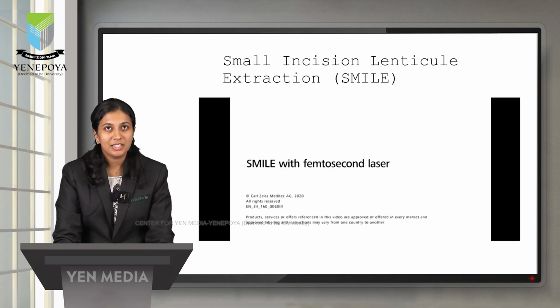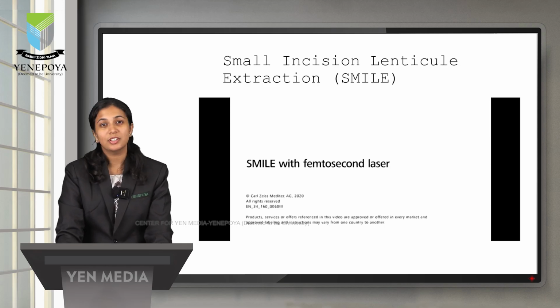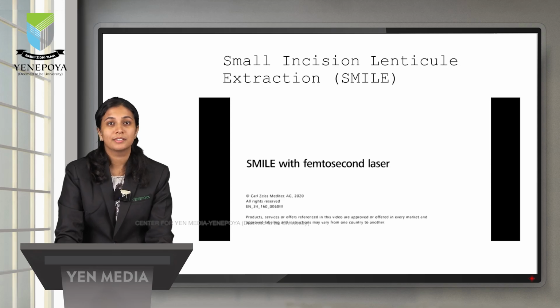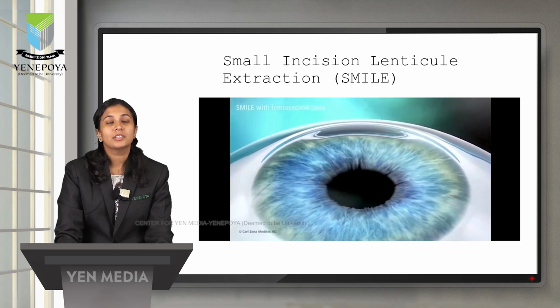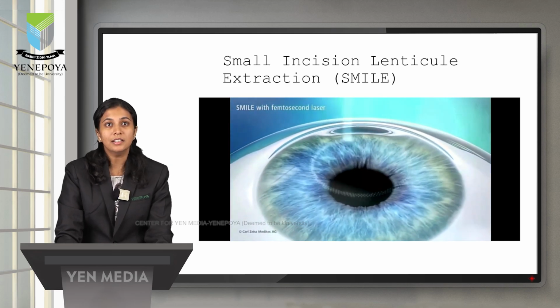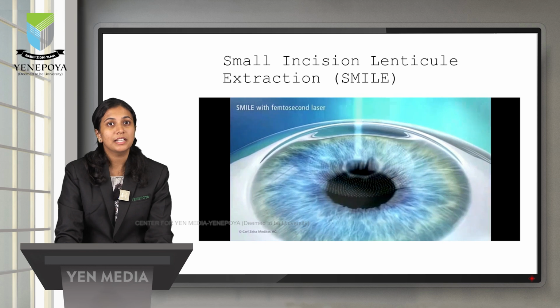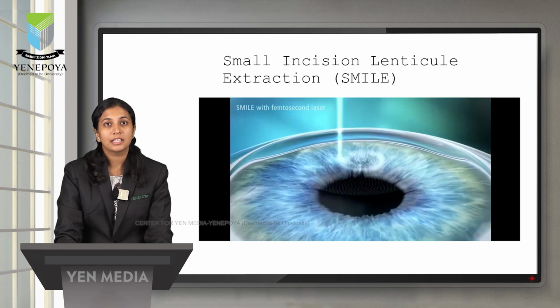Now coming to small incisional lenticule extraction, here the difference is that you do not create a flap, while you create an intrastromal lenticule using a femtosecond laser. As you can see in the video, you use a femtosecond laser to create an intrastromal lenticule.